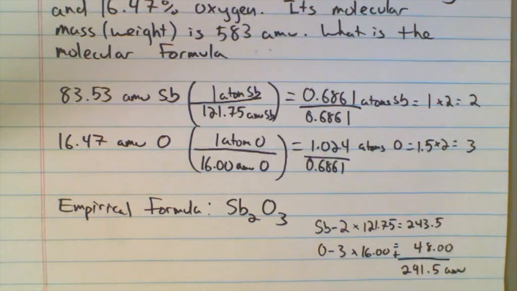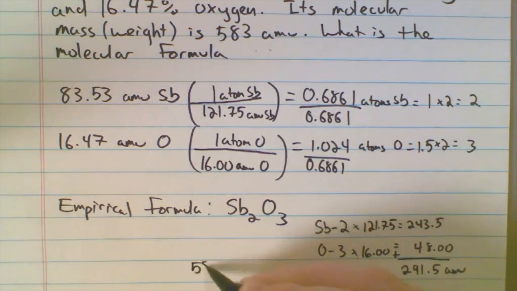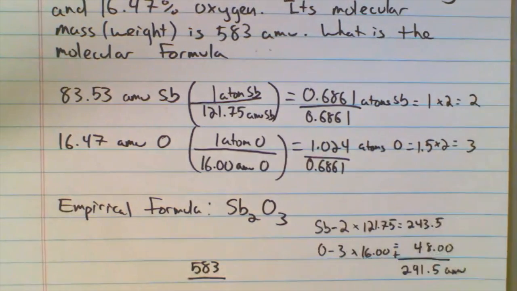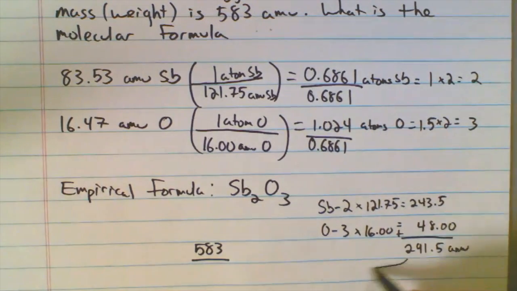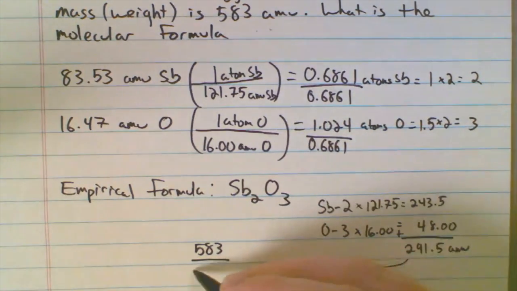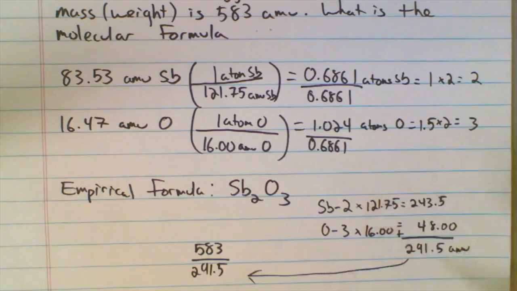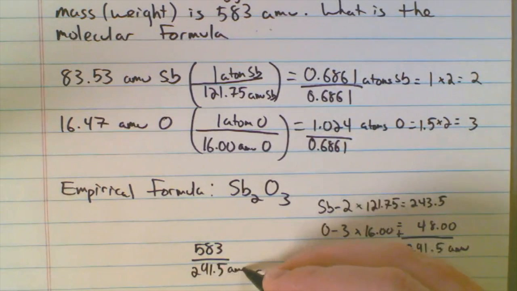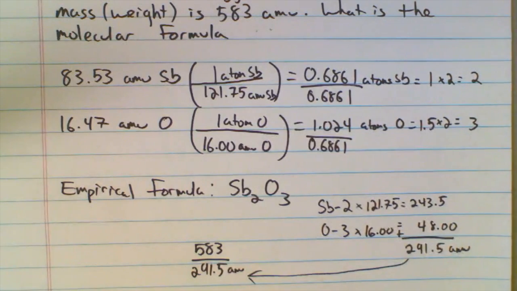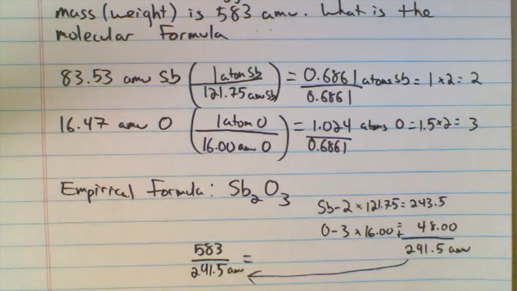So what are we going to do? What do you guys think? Multiply by 2. What I always do with these ones, I take my molecular mass from above, the 583, and divide it by the weight of my empirical formula, and that gives me the factor that I'm going to multiply all the elements in my empirical formula by.